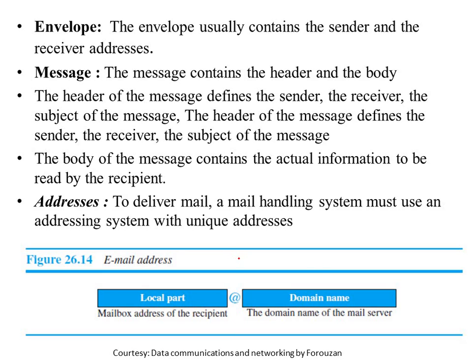So this is the example. I'll write my own example. I'll say that this is my email ID. I'll write my email ID like this, Anup Vibhute. So this is my mailbox, which is available on the server.